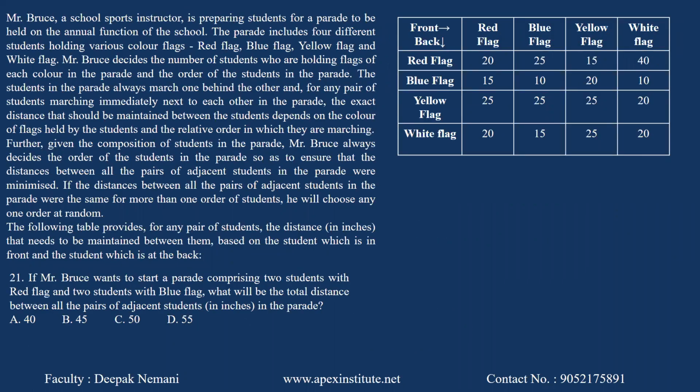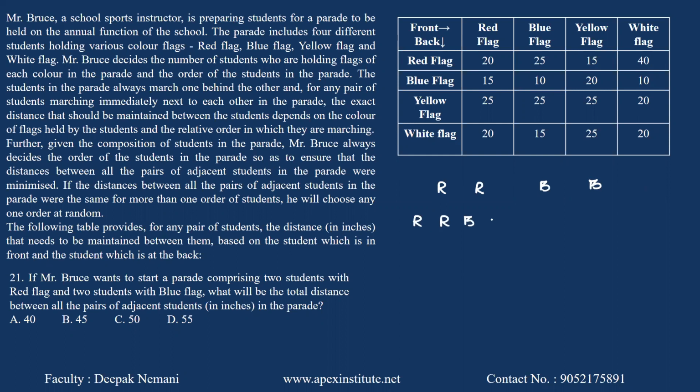All you need to do is identify the cases which lead to the minimum distance between all the pairs of adjacent students in the parade. For example, for 21st, if Mr. B wants to start a parade comprising 2 students with red flag and 2 students with blue flag, so you will be having 2 students holding red flags and 2 students holding blue flags. So what can the arrangement be?